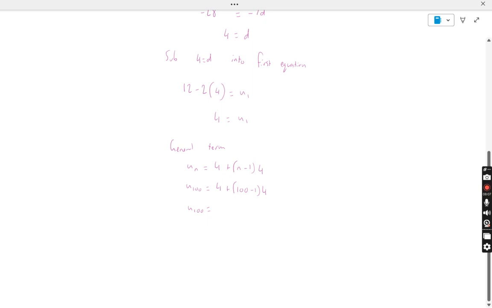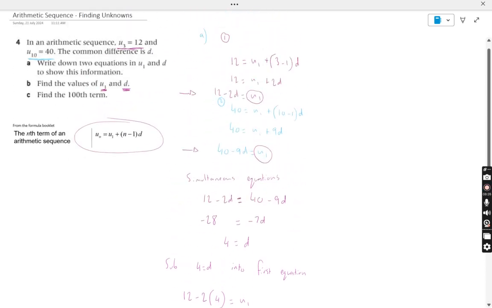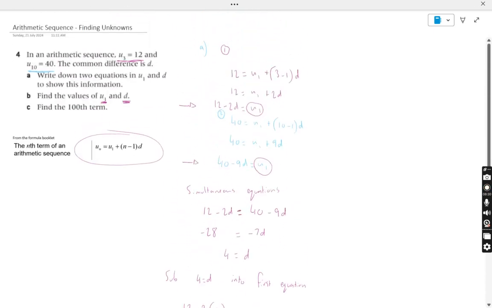So 100 minus 1 is 99. 99 times 4 is 396. 396 plus the other 4 is 400. So the 100th term of this particular sequence equals 400.